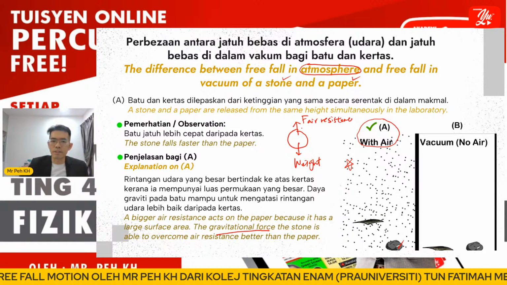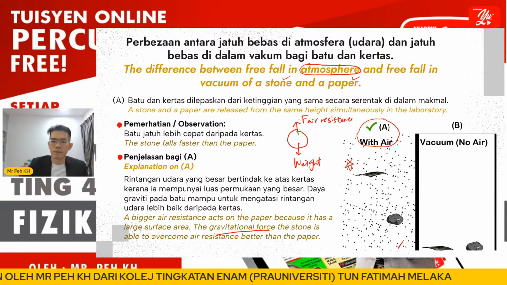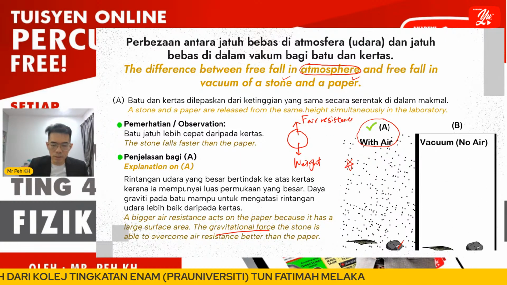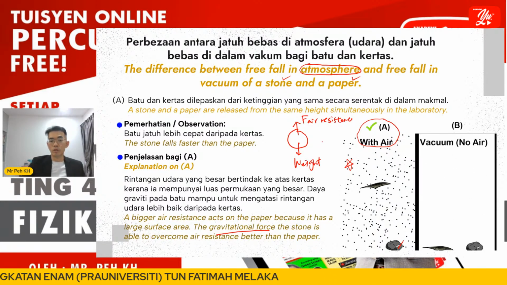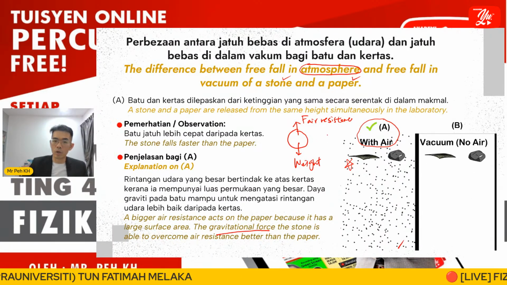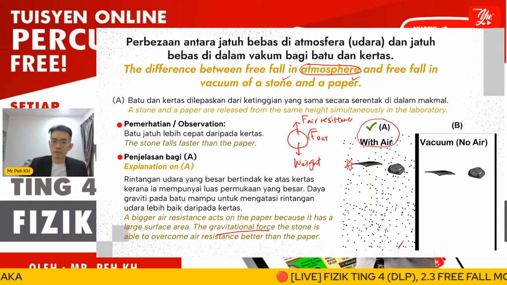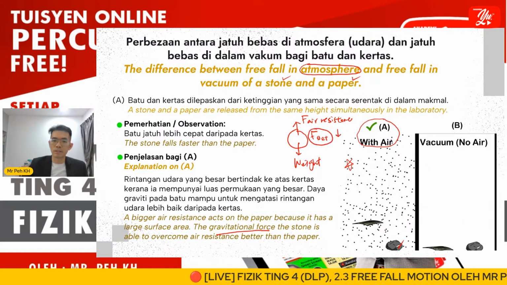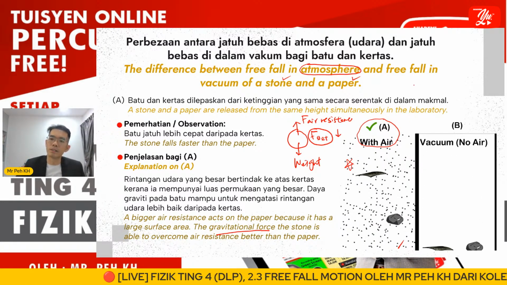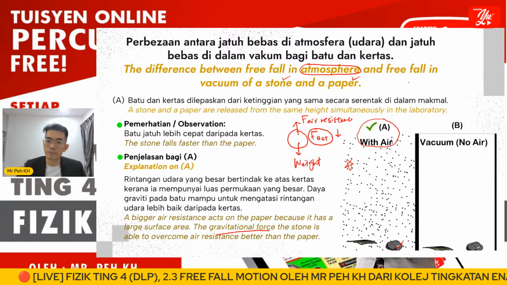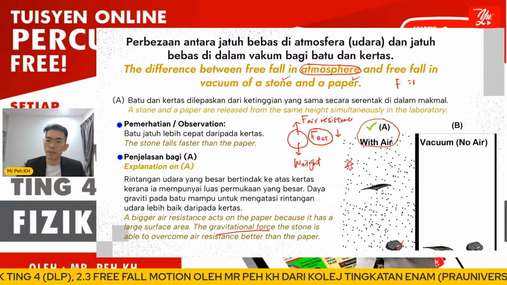Okay, so the air resistance may decrease the velocity moving downward, so the overall net force decreases. We can use Newton's second law to explain the situation, where F equals ma.